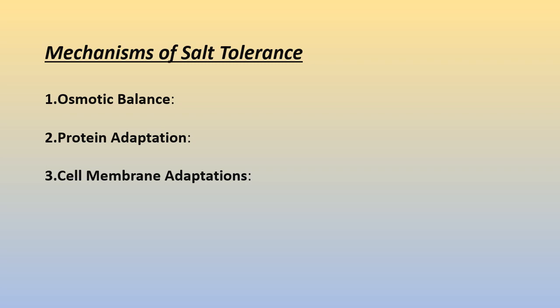Then the second is protein adaptation. Proteins of halophiles are adapted to function in high salt concentration. Like I said, these are extreme conditions, and here the extreme condition is that the salt concentration is very high. So to function properly, the proteins and enzymes of the bacterial cell also need to adapt to this high salt concentration.